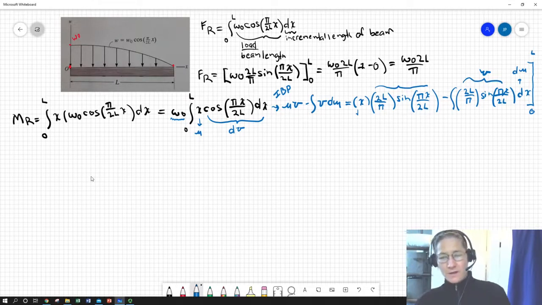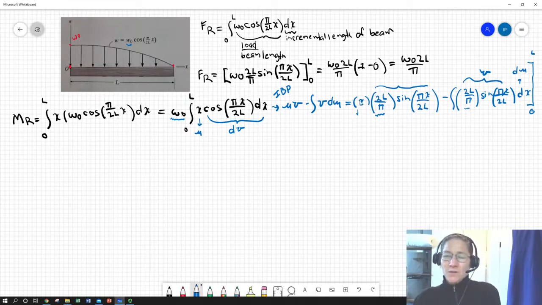So we're going to rewrite down here a little bit of math. Just for simplicity, we're going to roll back in this W0 because this is our coefficient on the front of this distributed load. So let's not forget about that. That kind of gives magnitude to the whole thing. But just some math simplification. We've got a 2L over pi here, and we've got a 2L over pi here that can both be factored out of our front term and our integral.